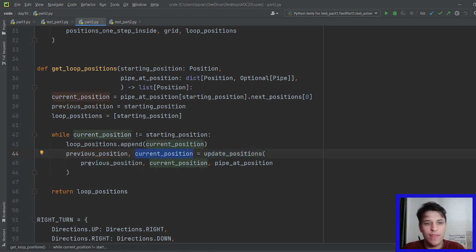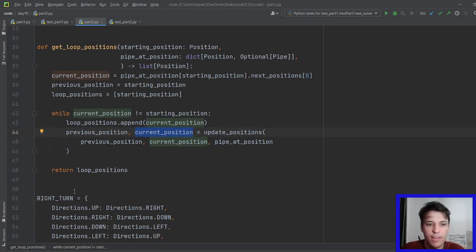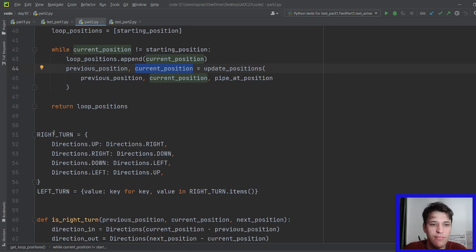Okay, then in order to evaluate a right turn and find the number of right turns within a loop, we'll use this dictionary that tells us, for a particular direction, if you turn right, what will be the new direction. So essentially, if you turn right, going up changes to going right, then turning right by 90 degrees makes the right direction turn into the downwards direction, down into left, and left into up.